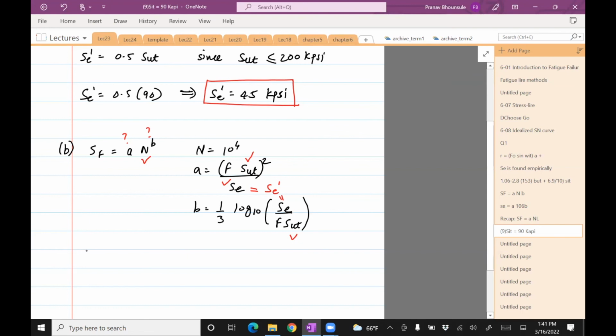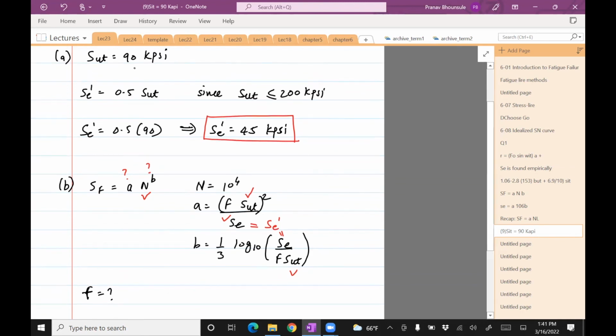So what's F? We need to figure out a value for F, and for that we have two options. We can use the formula which I wrote down, or we can look at that graph of F versus SUT. We know that SUT is 90, so let's look at that plot.